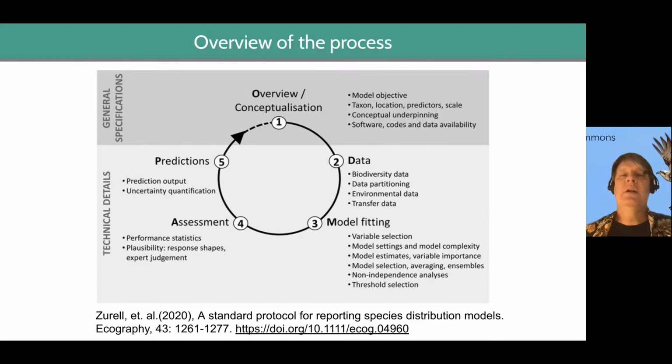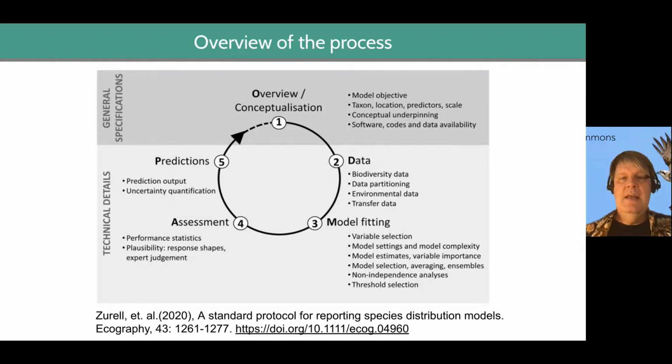So when it comes to species distribution modeling, there's an incredible paper that came out a couple of years ago now that gives an excellent overview of the process. You go from first conceptualizing your model, looking through your data, fitting your model, assessing your model, and looking at your predictions.